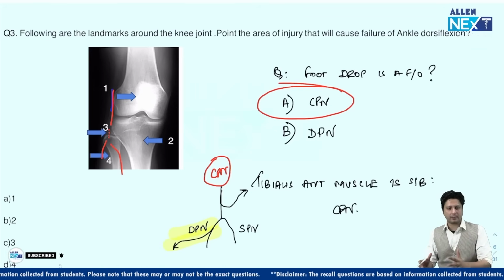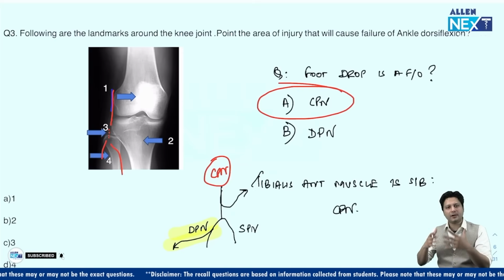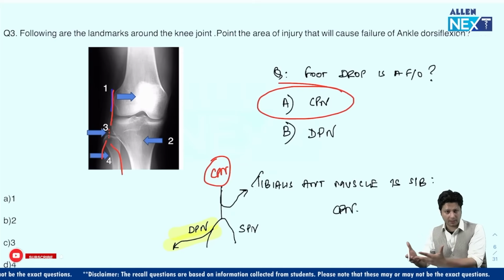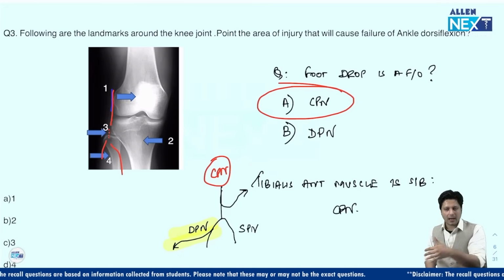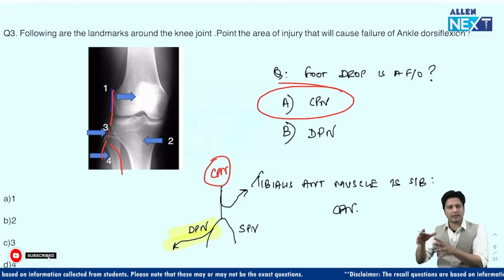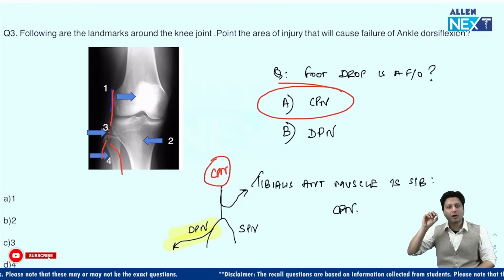We have discussed multiple times that any injury affecting the proximal aspect of the fibula will result in an injury to the tibialis anterior, because it is the major dorsiflexor of the ankle. If there is a tibialis anterior palsy, the patient is going to have a foot drop.